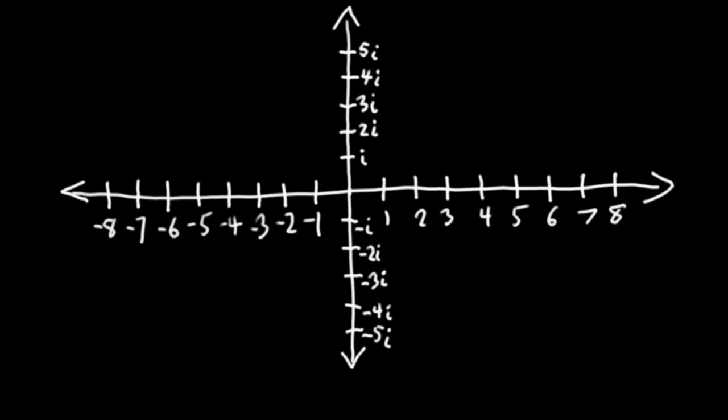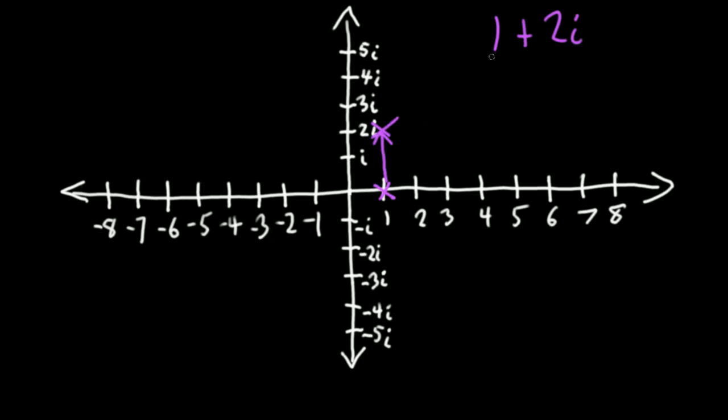Another way that we can arrive upon numbers that are complex but are not on either axis is by translating by addition or subtraction. Take, for example, 1 plus 2i. Well, we would start at 1 and translate 2 spaces in this direction and end up right here.